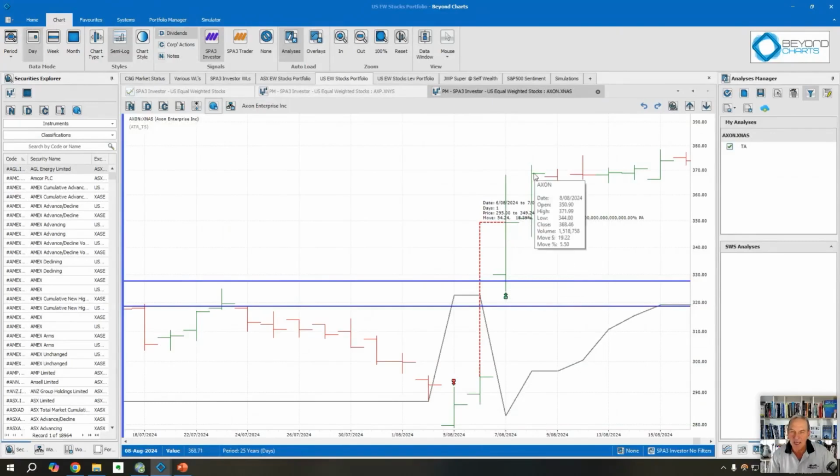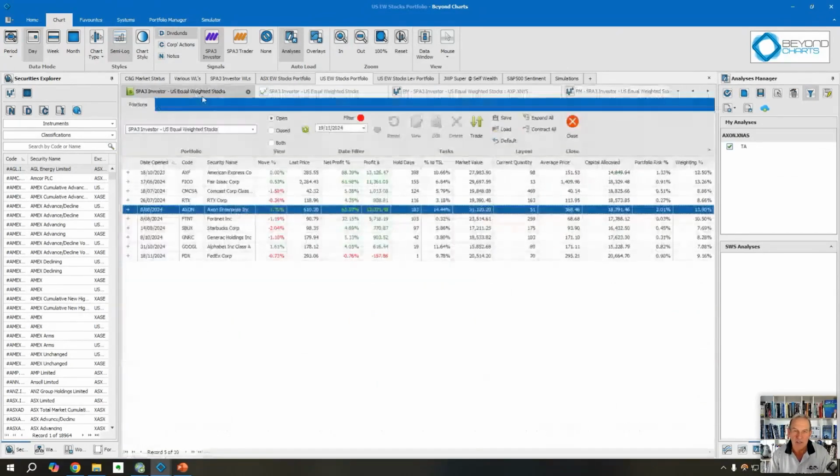And then on the next day, you can see it rose another 5.5%, the bottom of the tooltip where it says move percent. So this move here was a 26% move, I think, from the close there to where we bought up here. And where do you see that? Well, if we go to here, you'll see Axon bought on the 8th of the 8th at what was the price at 368.